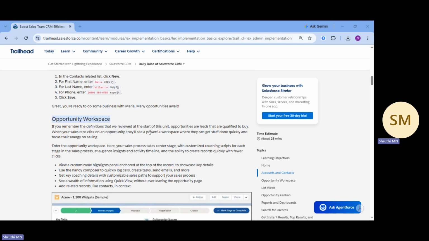And with Flow, admins can automate business processes without necessarily writing traditional code. So the Salesforce platform you learn today is continuously evolving.